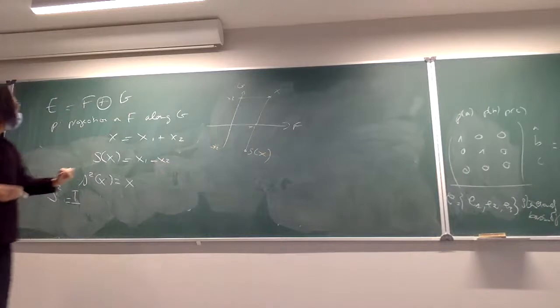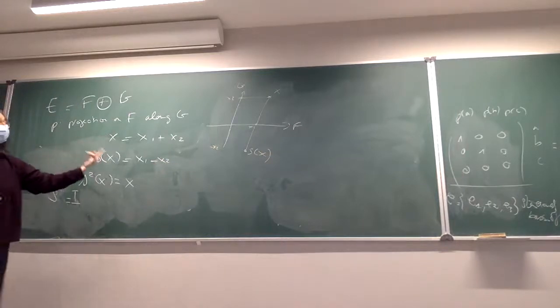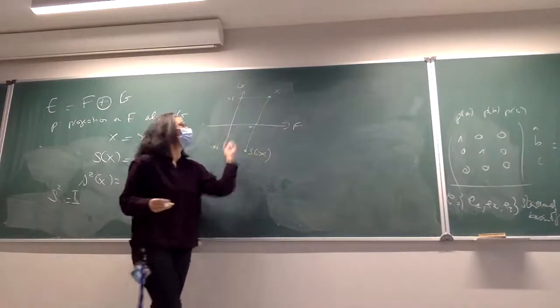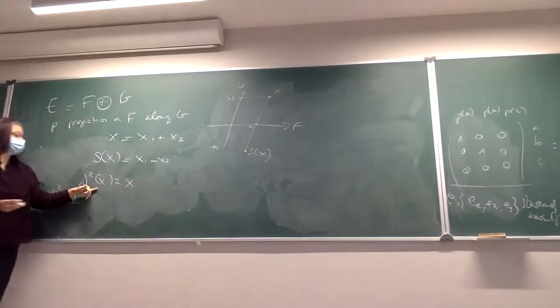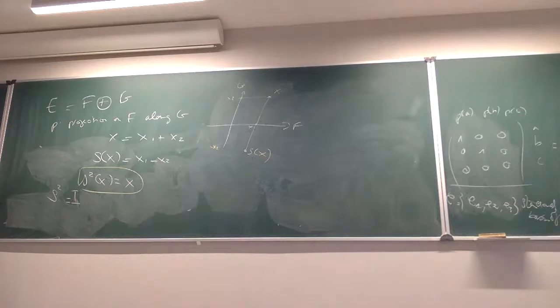One simple property we can get is that if we apply again the linear symmetry on that point, we are back where we started. That's one of the properties, even the main characterization of the symmetries. And that just means that S squared is equal to the identity if you have a matrix representation.